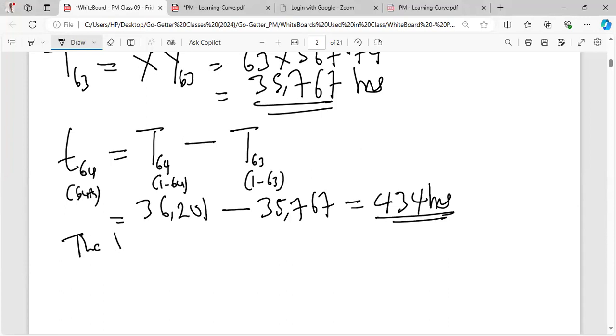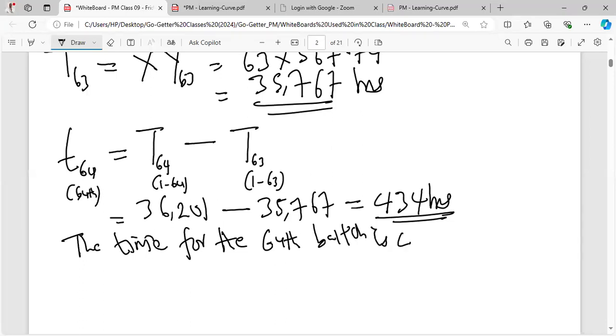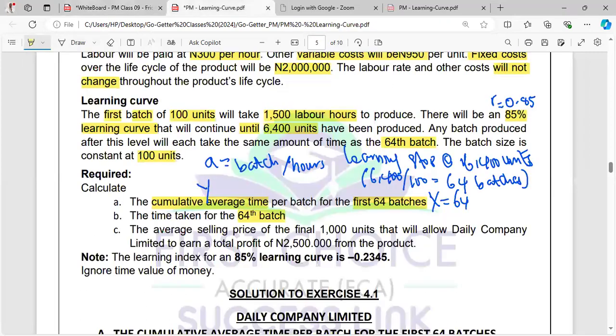So you say the time for the 64th batch is 434 hours. Now, that's the answer to the second part of the question. But if you look at it here, there's something we were told.